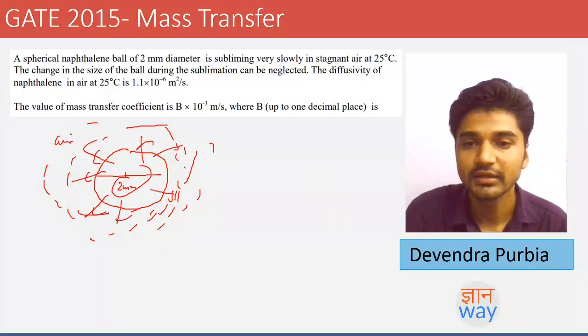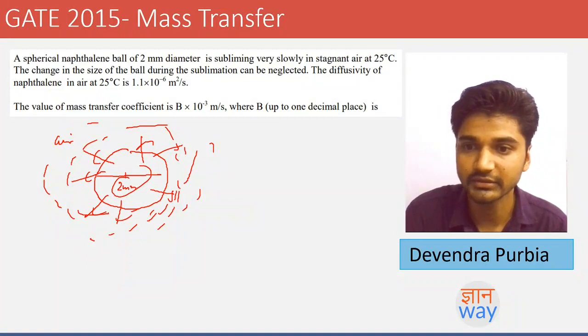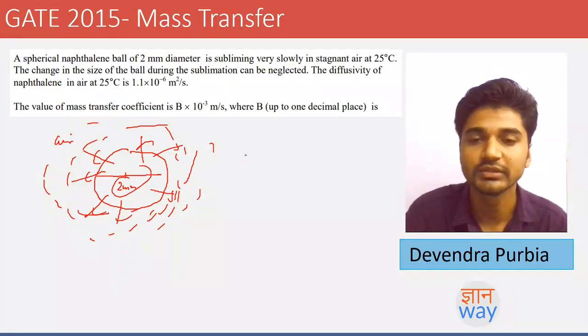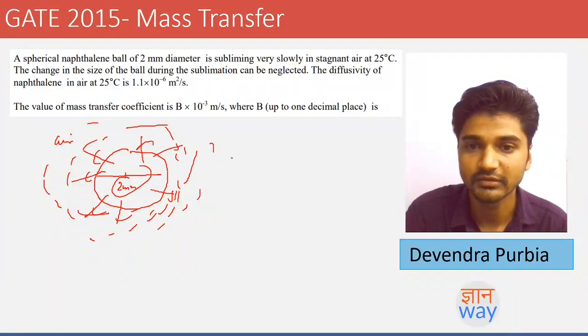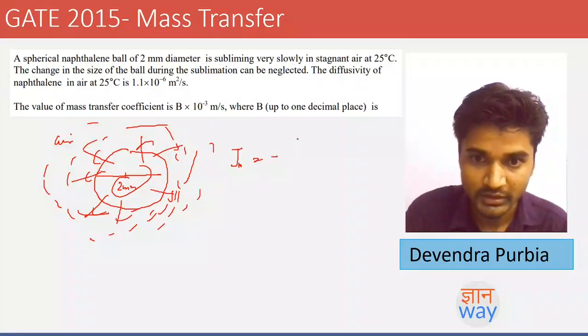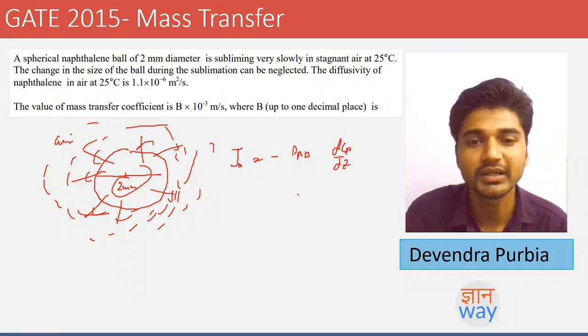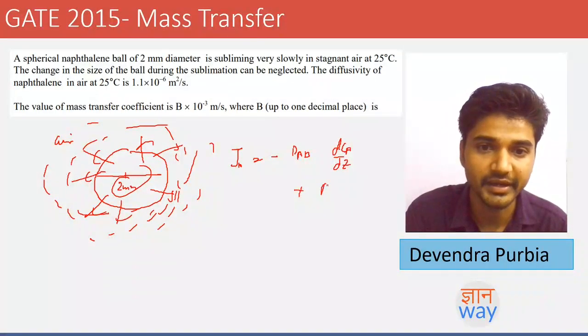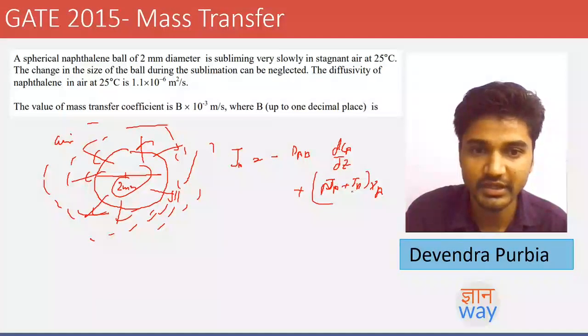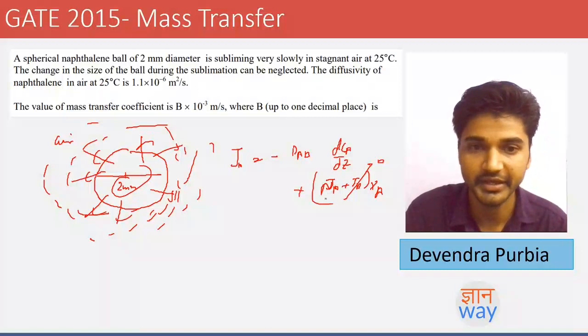So now we will consider the naphthalene ball getting diffused in air, and we write the equation as flux, that is J, equals minus C DAB dCA by dZ plus the same term, NA plus JA plus JB times XA. Now in this we have JB as 0 because it is stagnant air, it is not moving.